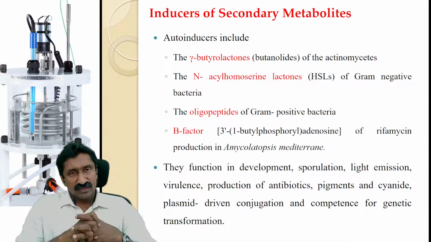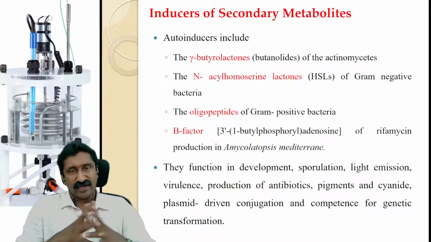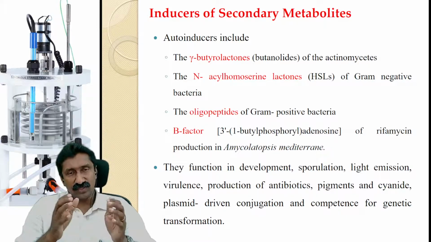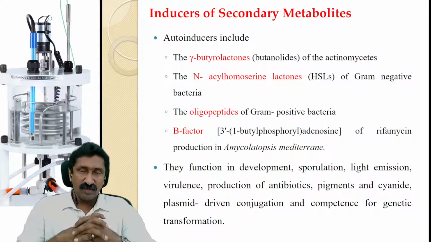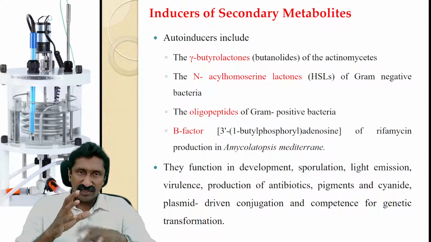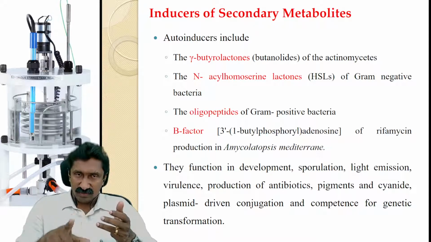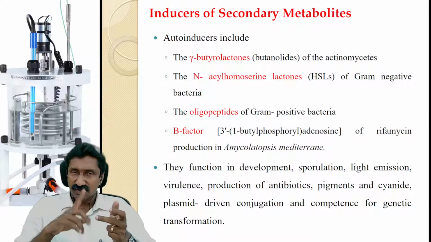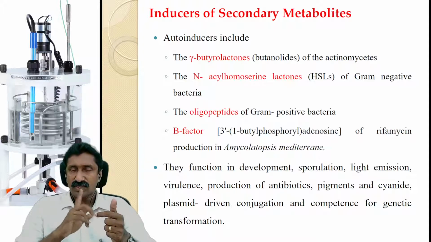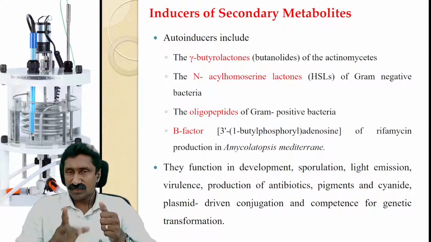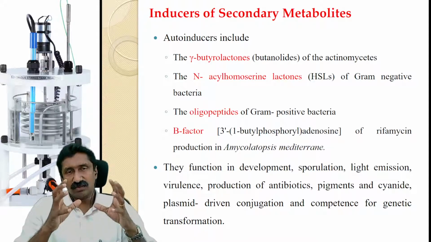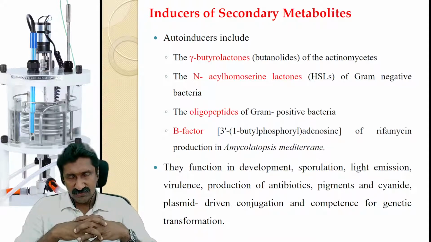Then Amycolatopsis mediterranei is another organism where we have a B factor that is involved in rifamycin production. So we have various types of autoinducers: gamma-butyrolactones for actinomyces, N-acyl homoserine lactones for gram-negative, oligopeptides for gram-positive, and B factor for Amycolatopsis mediterranei. So these are some of the examples of autoinducers.